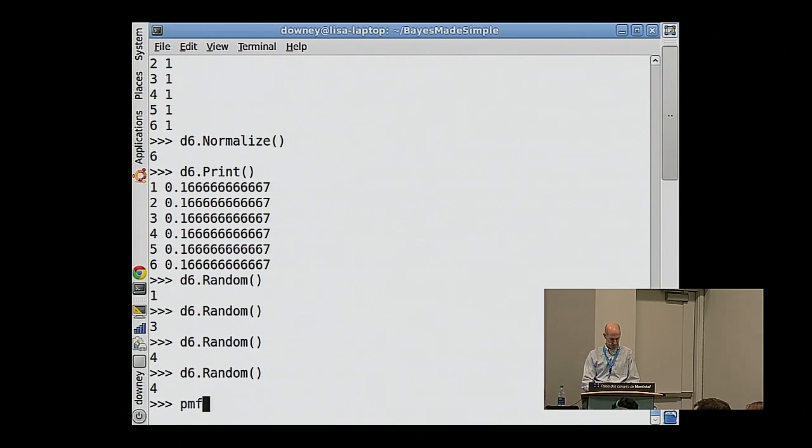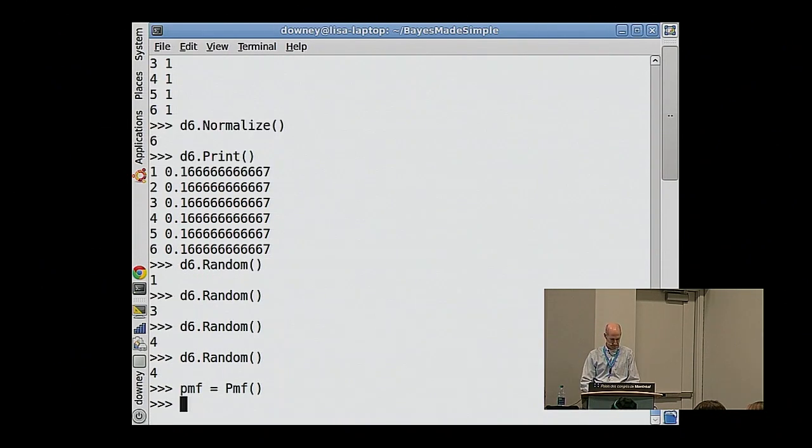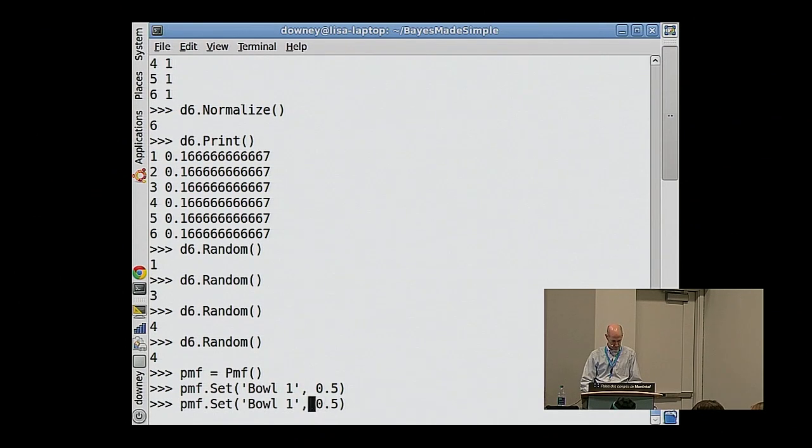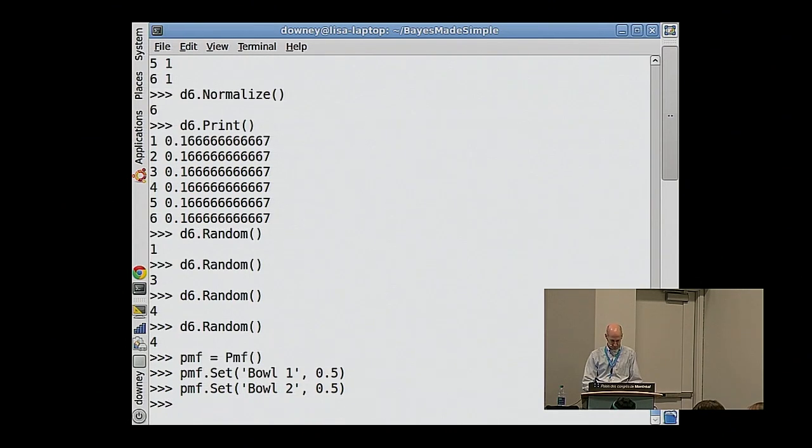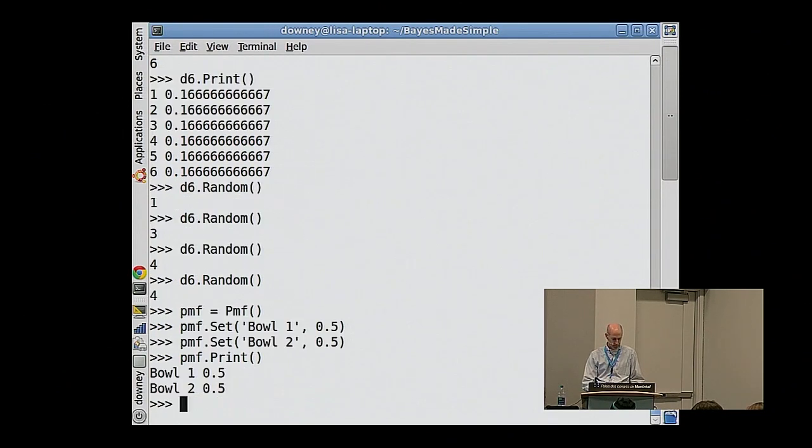So PMF. In this case, I started with priors that were already normalized, so I didn't have to run normalize. Okay? So this PMF represents my prior belief about these two hypotheses.